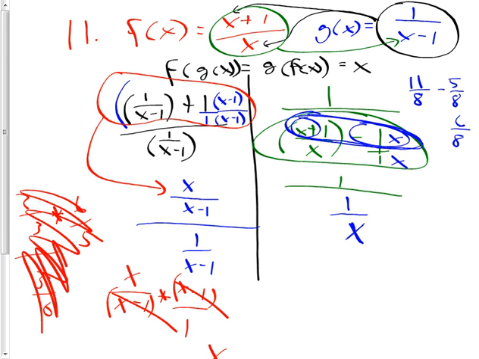Okay, and then from there, hopefully you know that that's 1 over 1, and you flip it and multiply, times X over 1, and look at that, it came out to X, just like you'd expect it would.